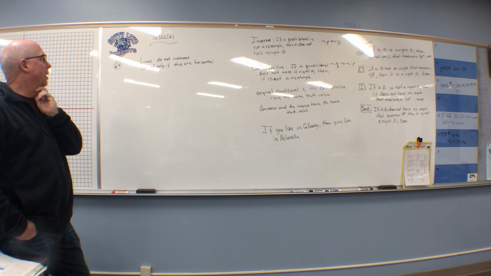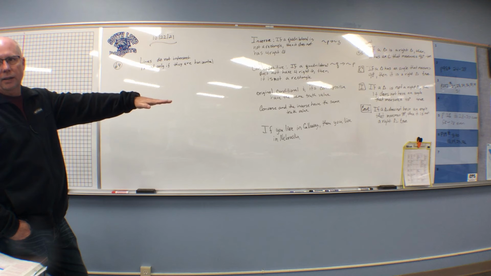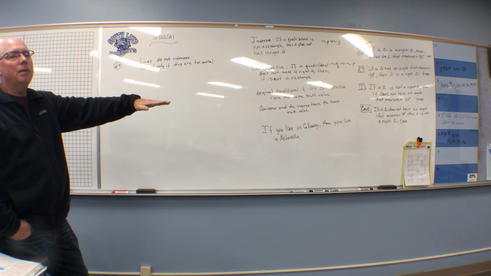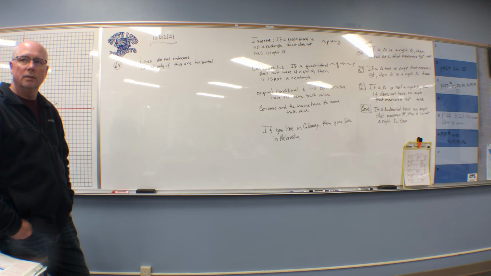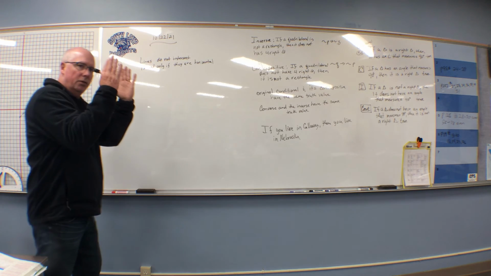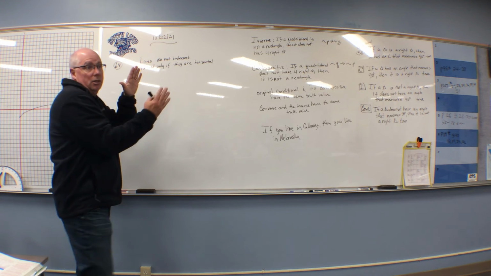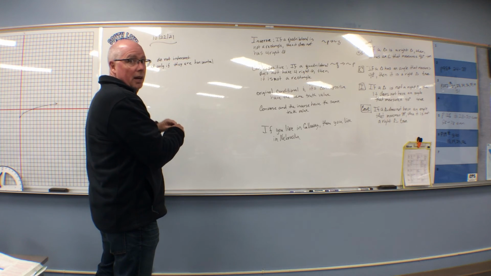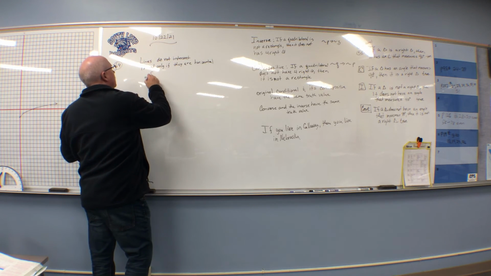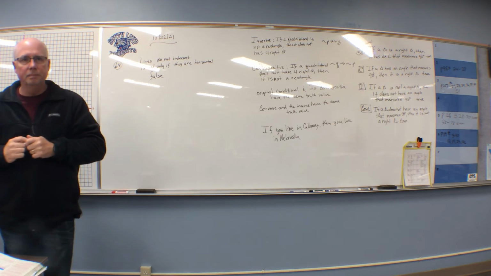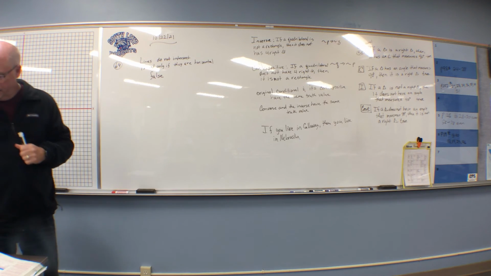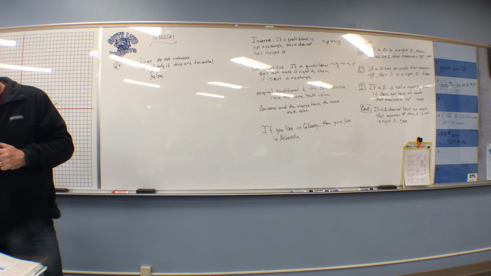Well, horizontal lines look like that, right? Can we come up with lines that are not horizontal that don't intersect? Yeah, vertical lines. As long as they're parallel, they don't intersect. So this is false. So that's it for 64.